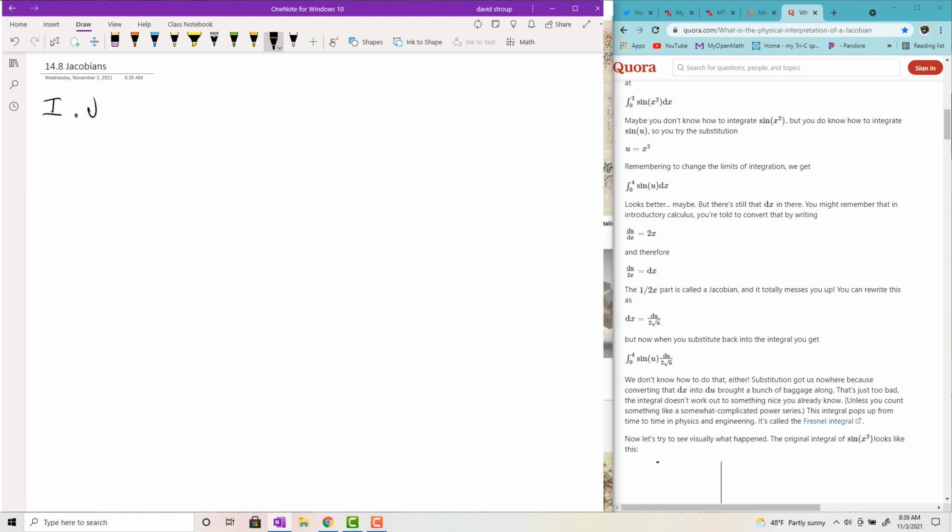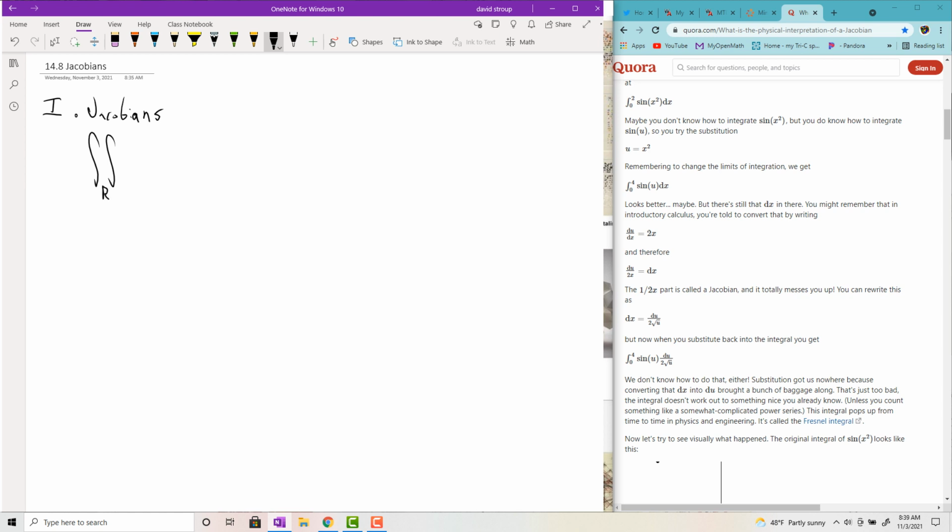So here we go. A Jacobian is basically a factor that accounts for U substitution. You've kind of already seen it with regards to converting to polar coordinates.